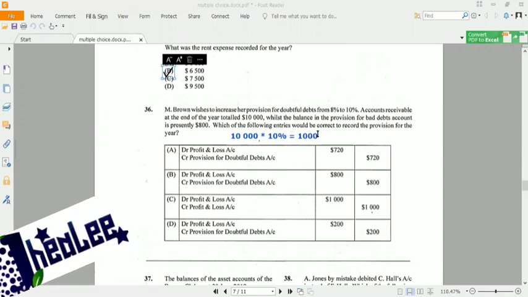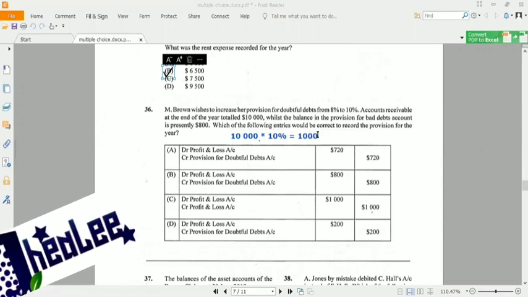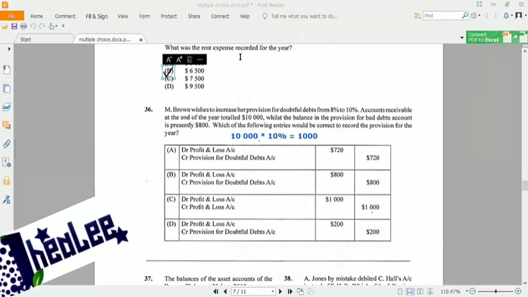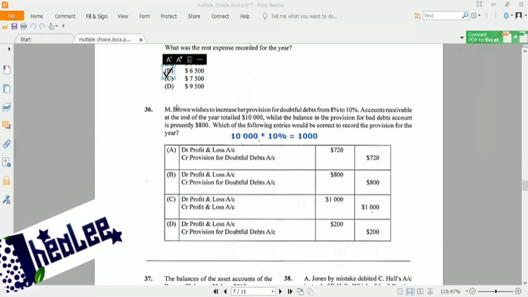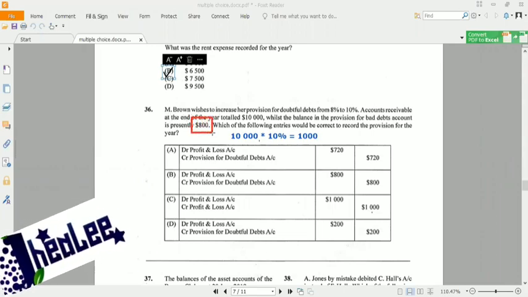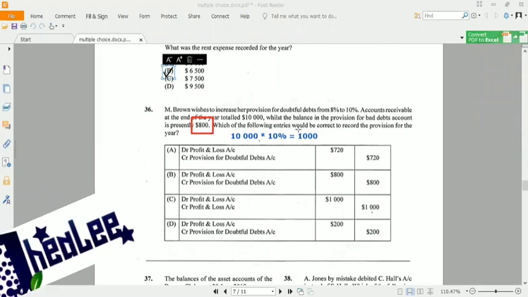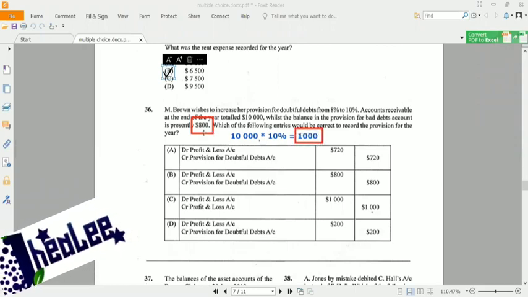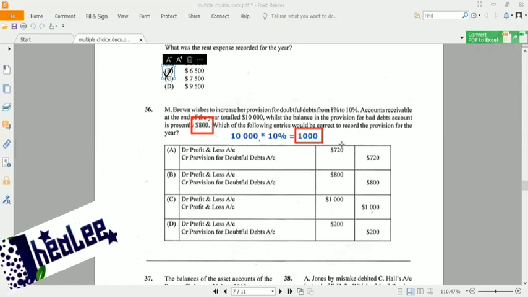Now, remember, we look at the old provision and the new provision. What is the old provision right here? That would be the 8%. The 800 is what is in the account, right? And this one is the new. Comparing last year with this year, increase or decrease?